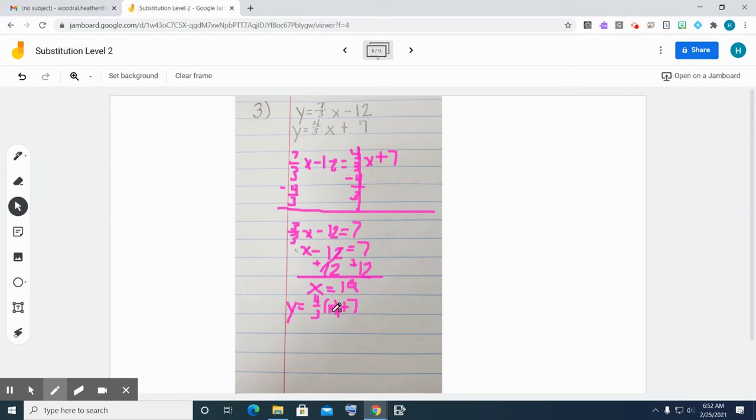Remember, you're going to take the whole number, multiply it by the numerator. 19 times 4, that is 76. And then you're going to keep the denominator. So y equals 76 over 3 plus 7.